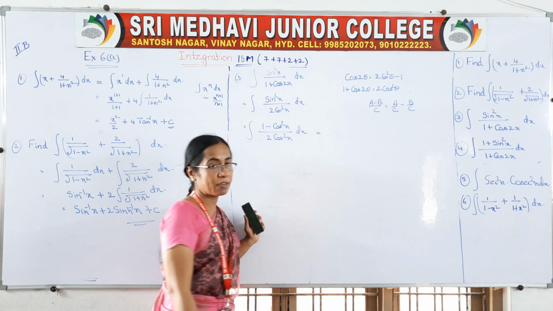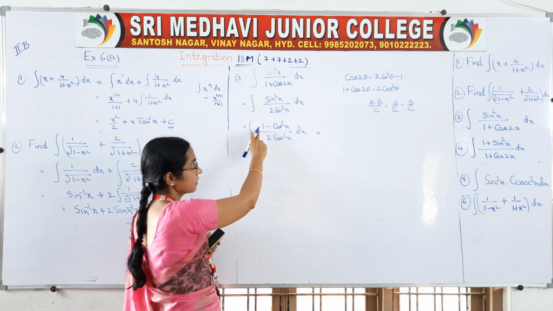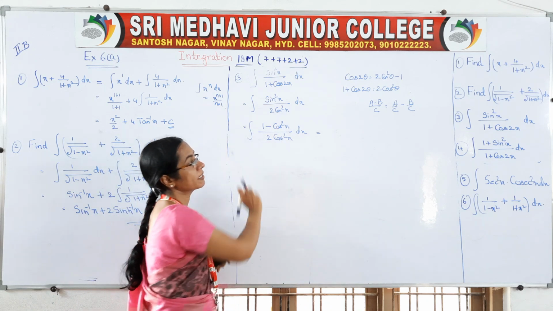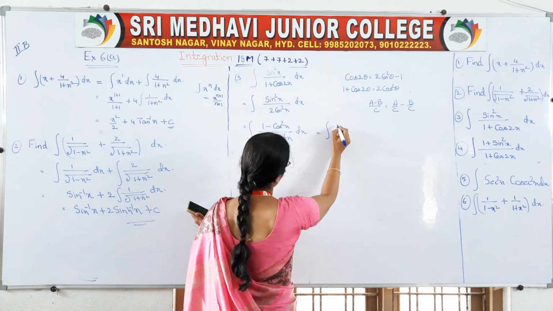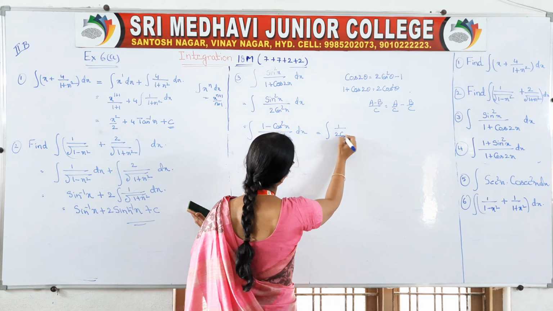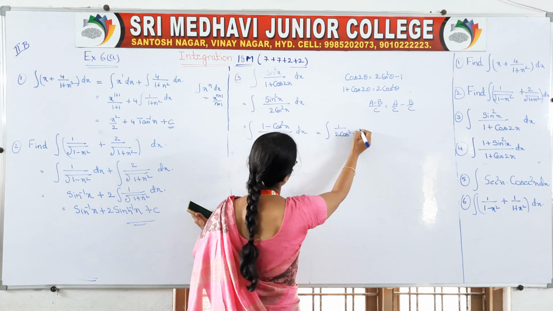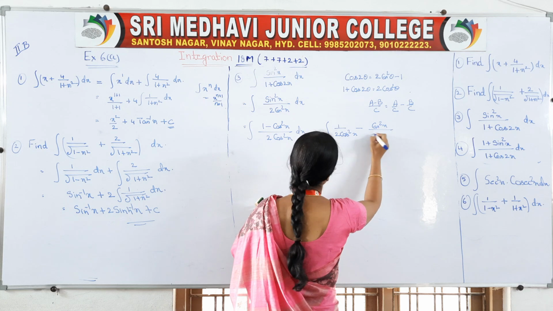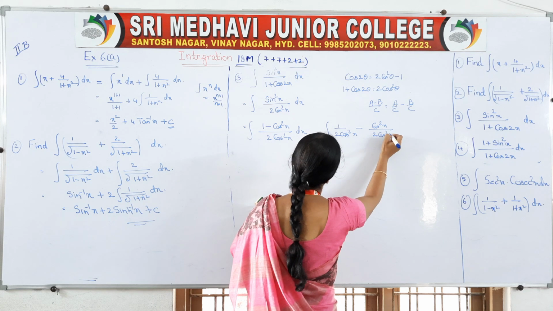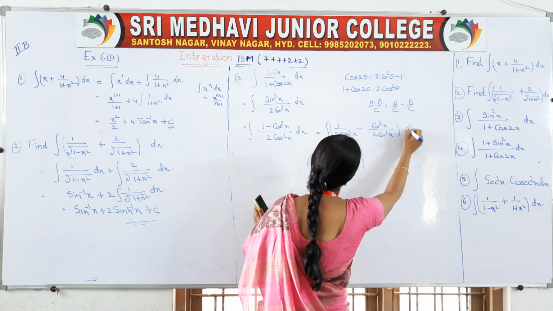Can we write that? Definitely we can. So writing separately, it is 1 by 2 cos square x minus cos square x by 2 cos square x into dx.